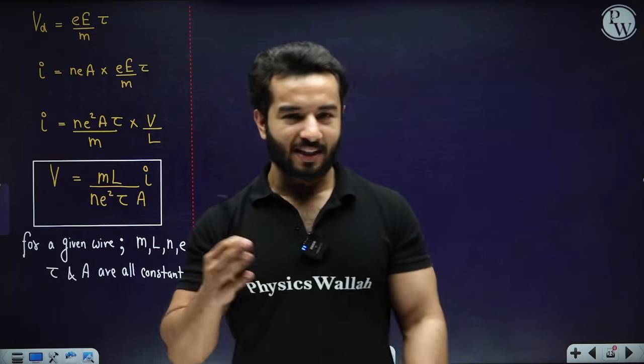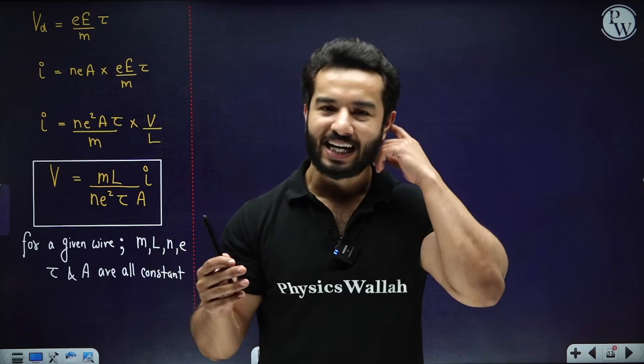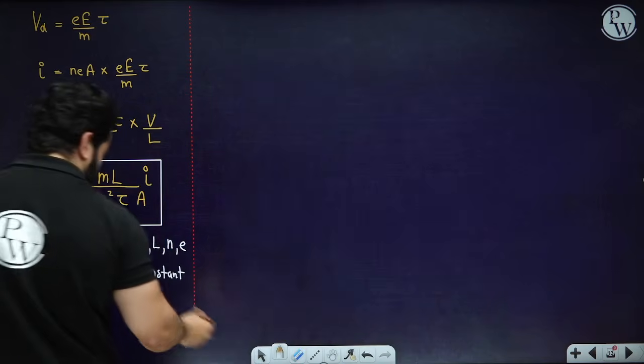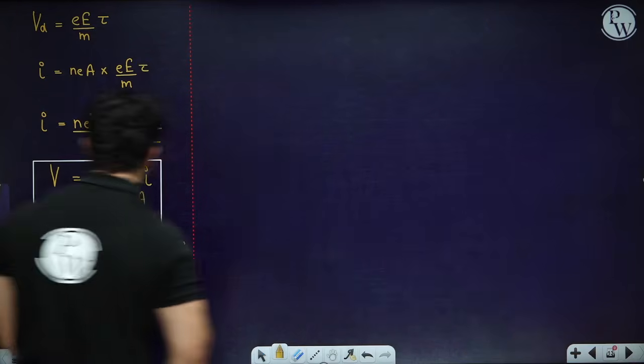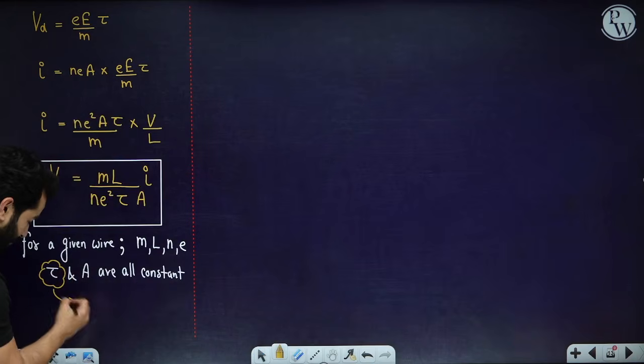Now you can say that sir, τ can change, right? That's why, if you remember, even in grade 10th we used to say under the same physical condition. So when we are talking about τ, we must also state that this happens at the same temperature.